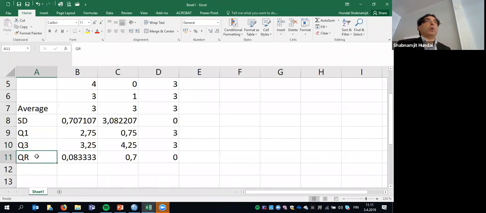We need to find the quartile range, so that the size effect is taken away.